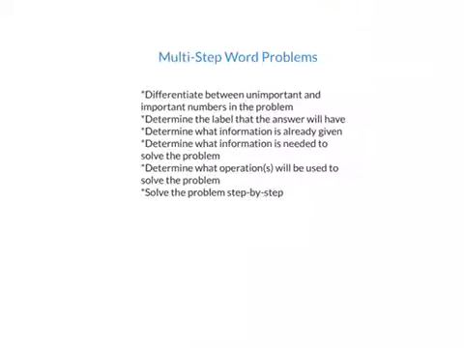And then we're going to determine what information is already given and what information is still needed to solve the problem. And then we determine what operation or operations will be used, and then finally solve the problem step by step. So I'm going to go through the whole process from beginning to end with you.